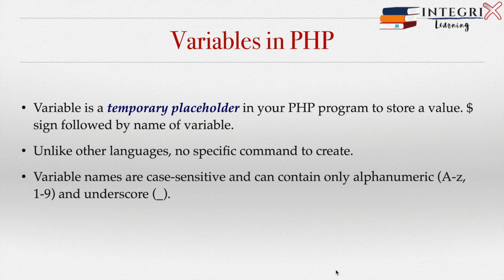Also, the variable names can only contain alphabets, numbers 0 to 9 and underscore. Nothing else can be part of a variable name. Variable names cannot start with a number. They have to start either with a letter or with an underscore.